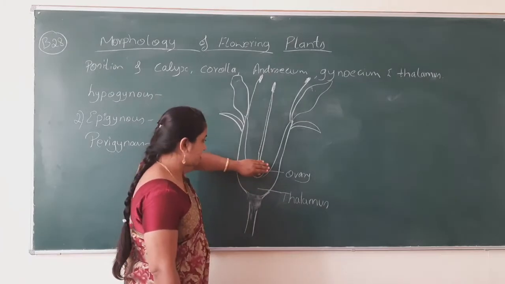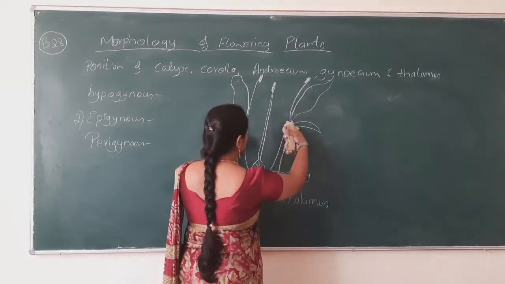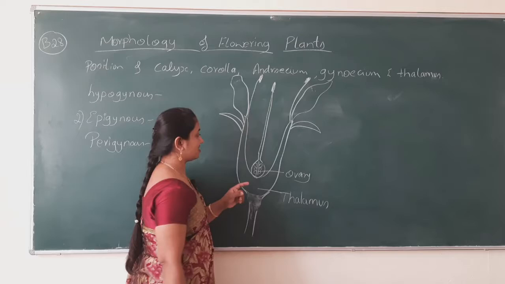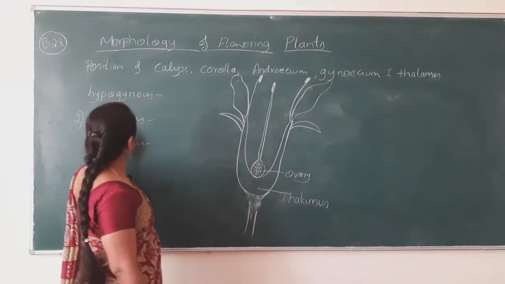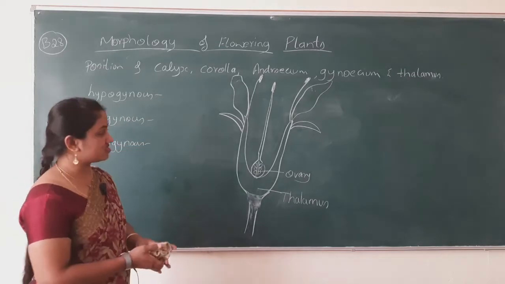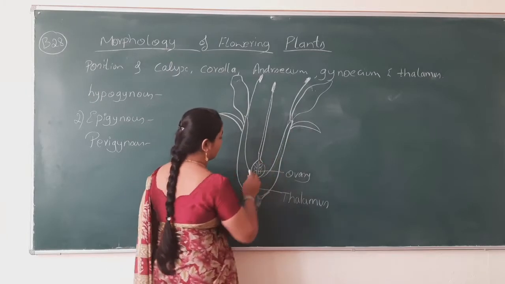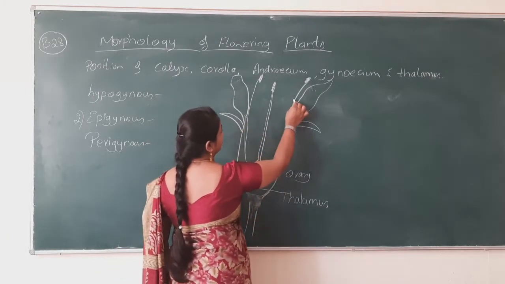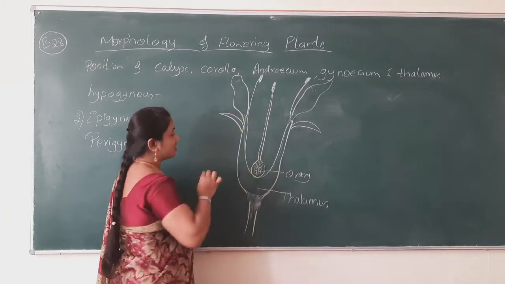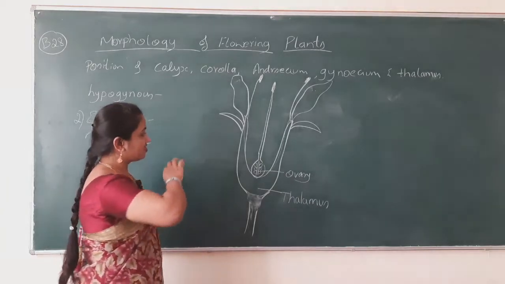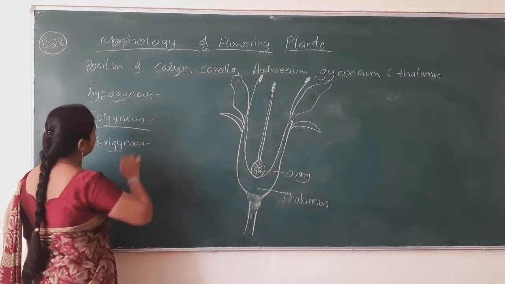Middle position means it will be there in the flower. From the rim of the ovary, the other essential and accessory whorls get arranged. This type of flower is known as epigynous flower. If you observe this, from the rim of the ovary, the Androecium, corolla and calyx get formed.